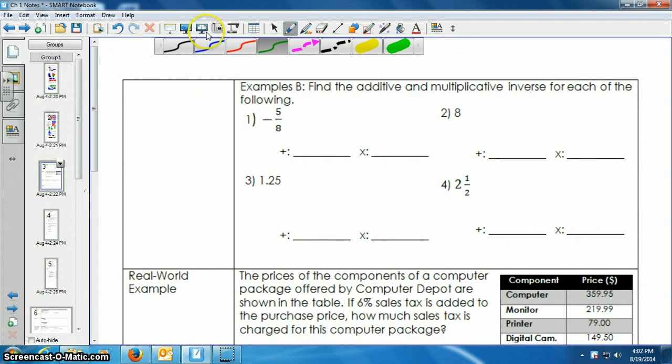Next, we are going to find the additive and multiplicative inverse. So additive, meaning adding, what will we add to that for it to be opposite? Well, opposite would be 5/8. Next, multiplication is our reciprocal, and that's when we flip. So we are going to flip that, and it becomes 8/5, negative 8/5.